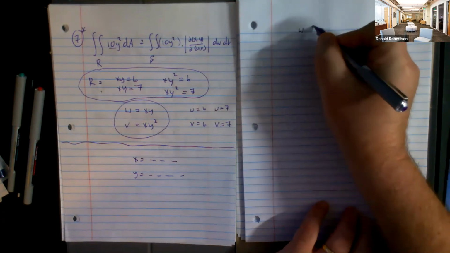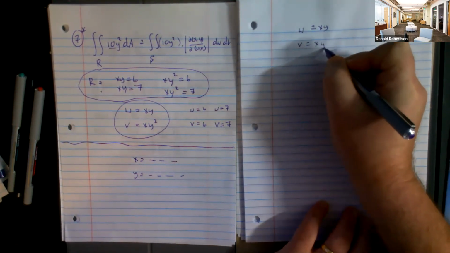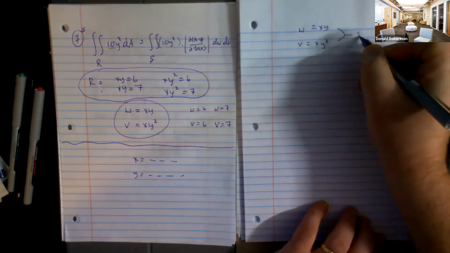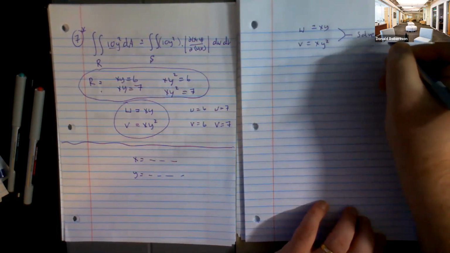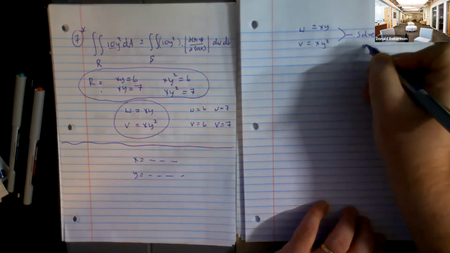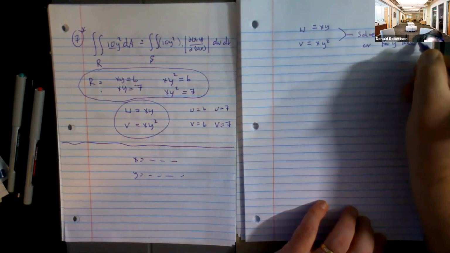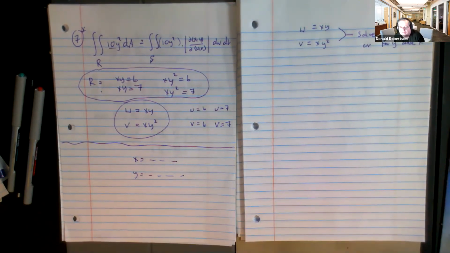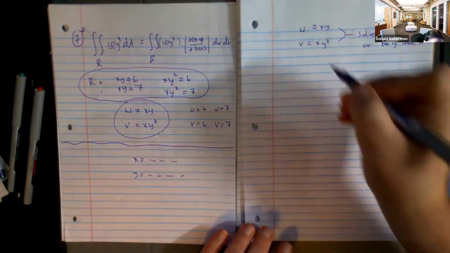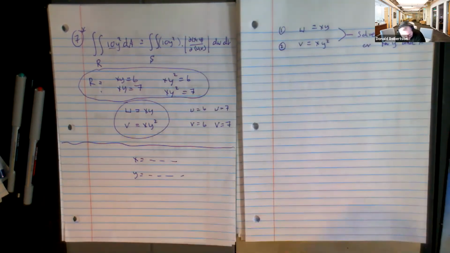If u is equal to xy and v equals xy squared, try and solve for x and then y, or for y and then x, whichever one looks the easiest. I'll call this equation 1 and I'll call this equation 2. Have you got any suggestions?